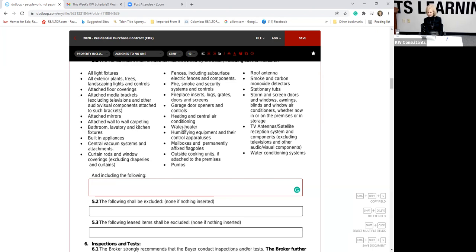You might want to ask for all of the draperies in the house because they're not attached. And if you want them, just don't assume that they stay. You have to ask for it. Now, window blinds are attached, but the material fabric is not. Maybe there is a nice swing set in the yard. You want that to stay, put it in there if you want it.